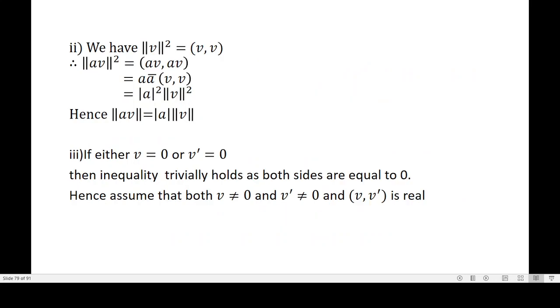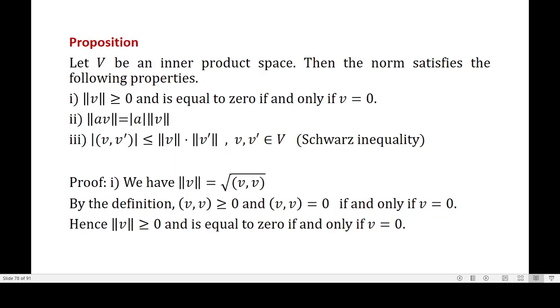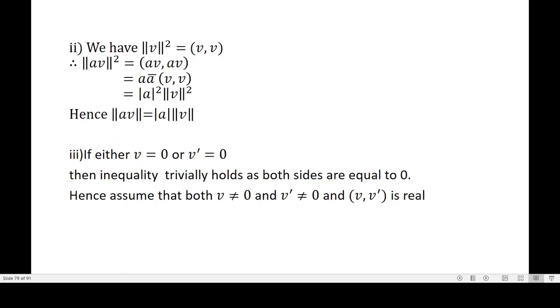Suppose v is equal to 0 or v dash is equal to 0. Then the inequality trivially holds as both sides are equal to 0, isn't it?